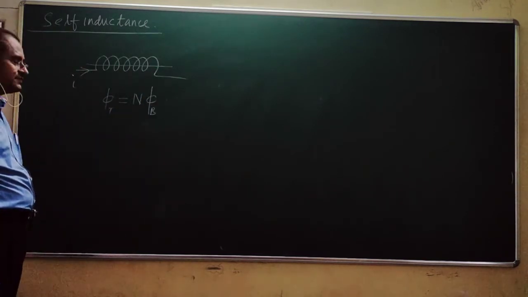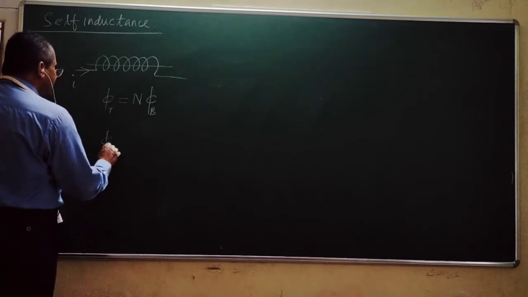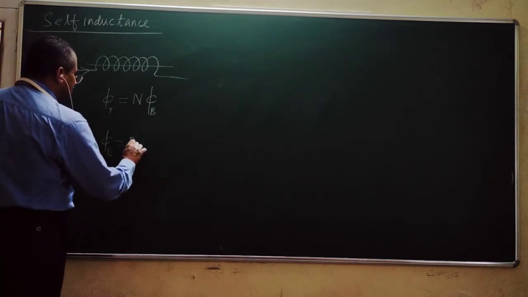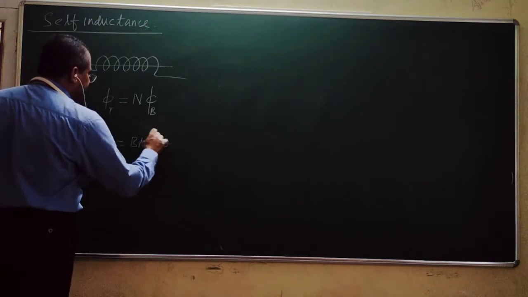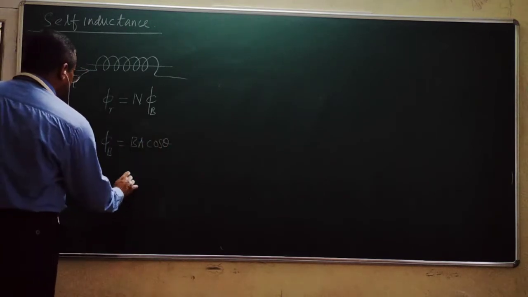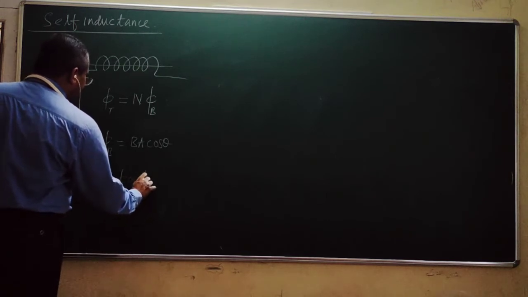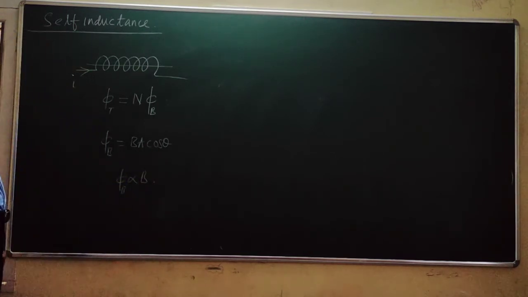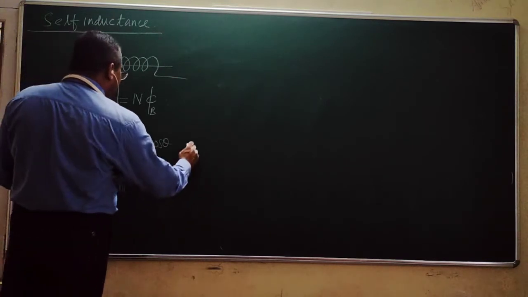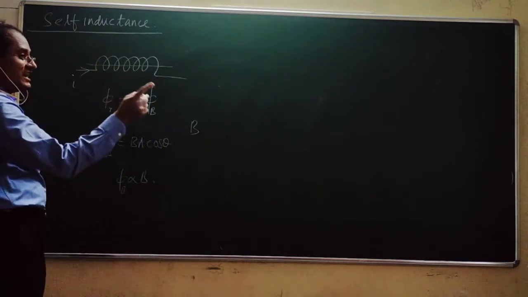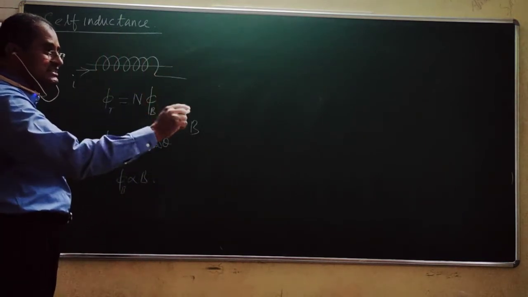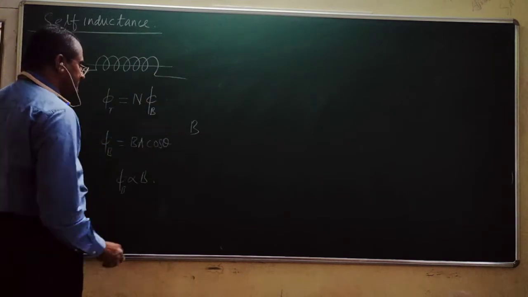Is that okay to you? Phi b I have already told you is BA cos theta, which means phi b is directly proportional to B. In unit 2, you will be deriving an expression for magnetic field intensity due to a current carrying solenoid.